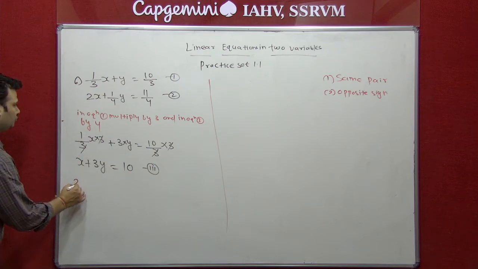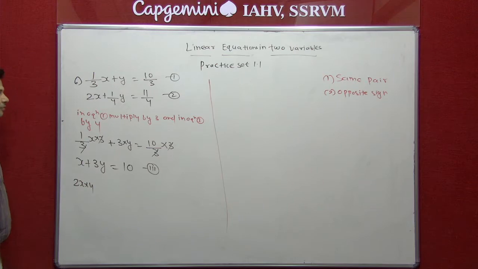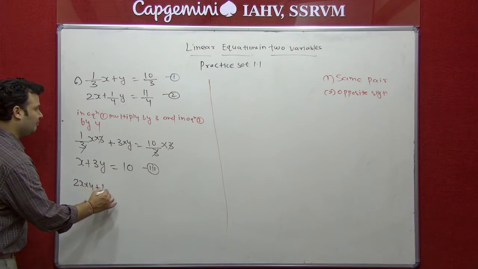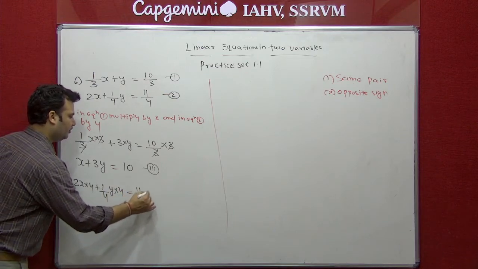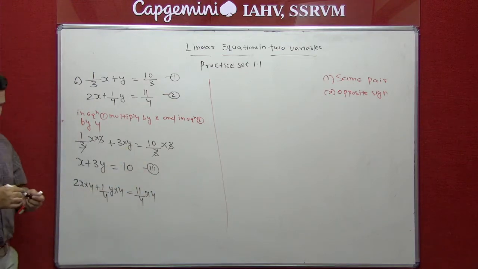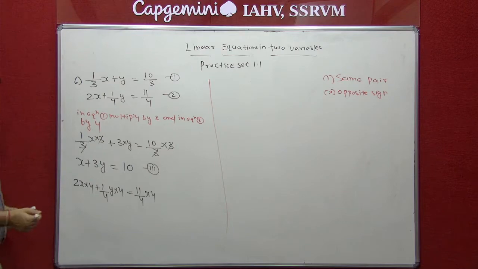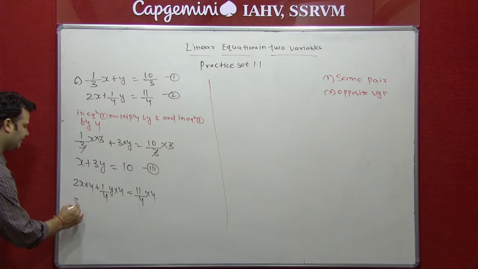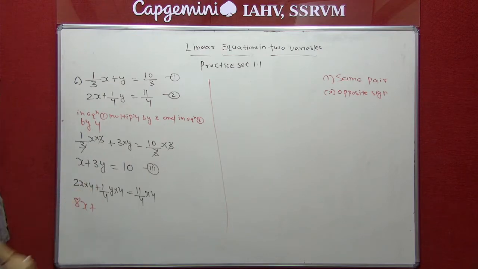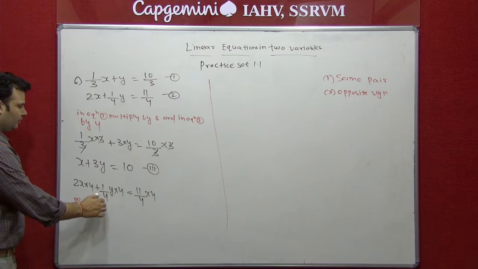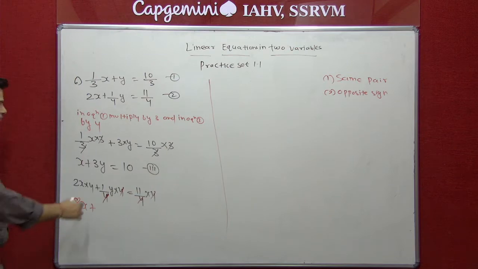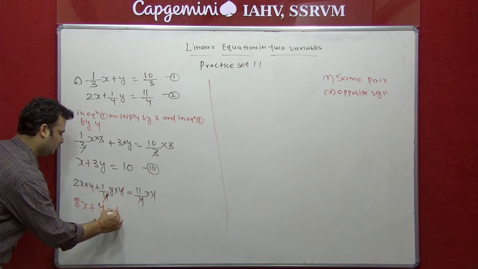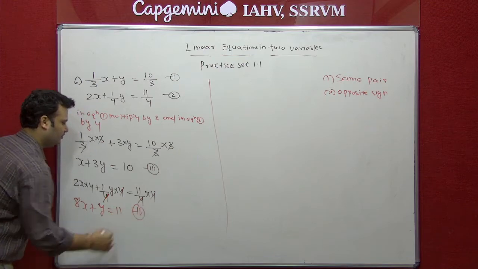So 2x into 4 plus 1 upon 4 y into 4 equal to 11 upon 4 into 4. So student, 2x into 4 becomes 8x, plus 4 and 4 get cancelled, so 1 into y is y, equal to 11. This is equation number 4.